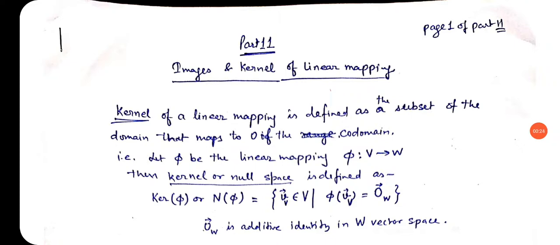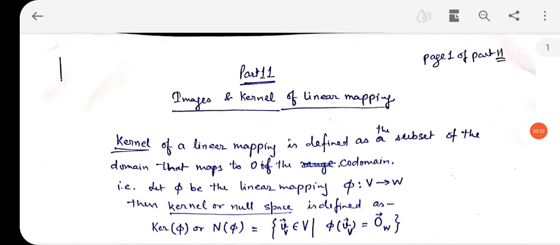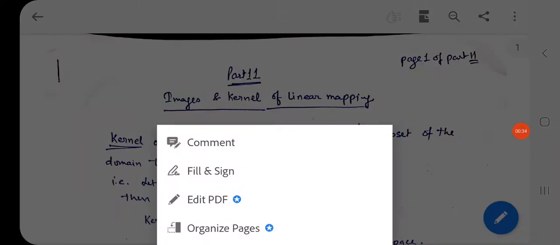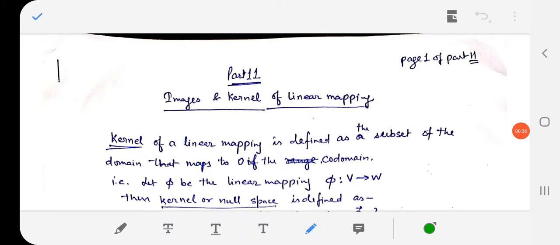Kernel is the set of elements of the domain. So let me tell you, when we have a mapping phi from V to W, V I am calling the input space and W the output space.